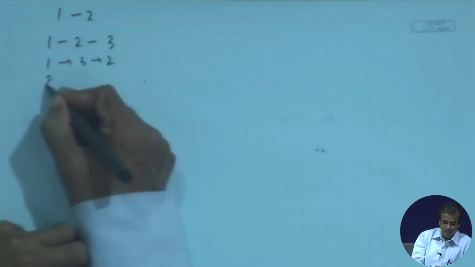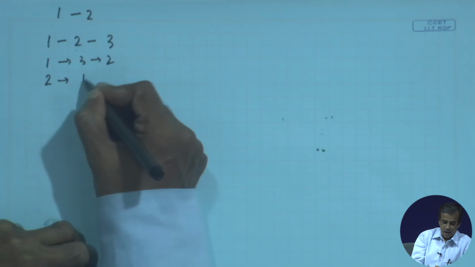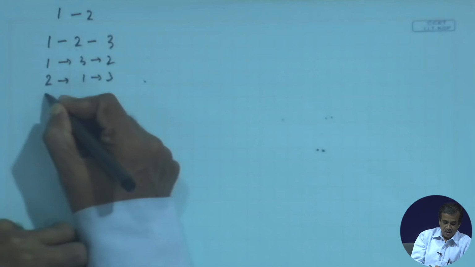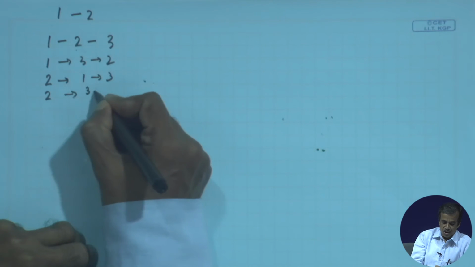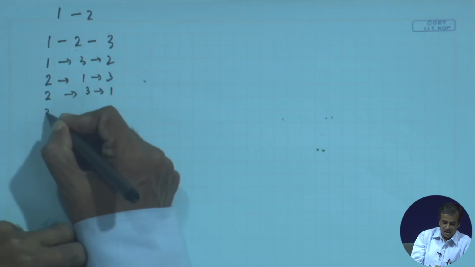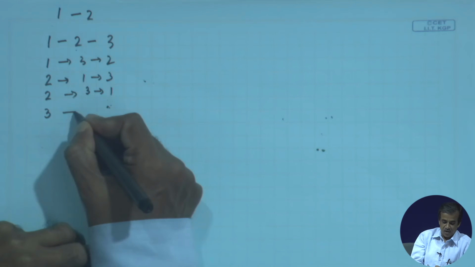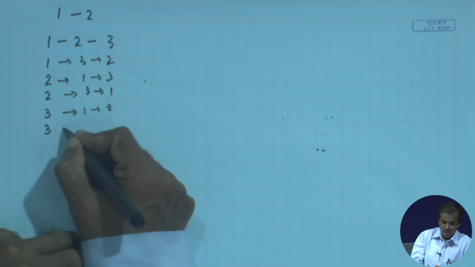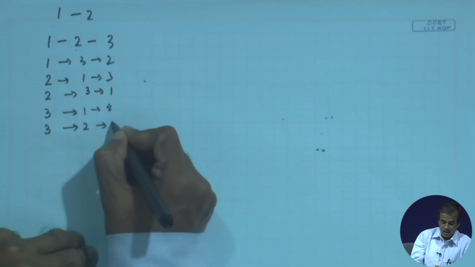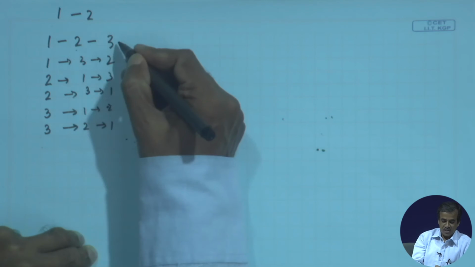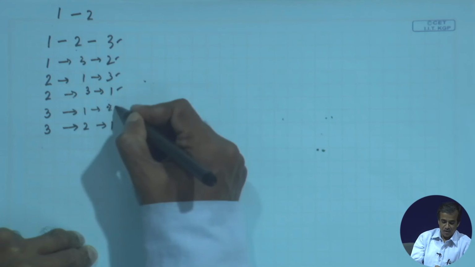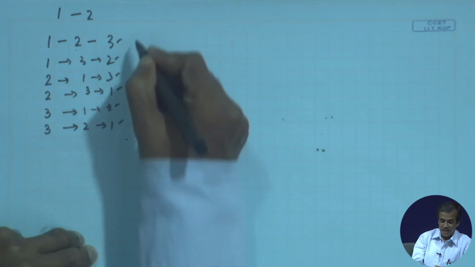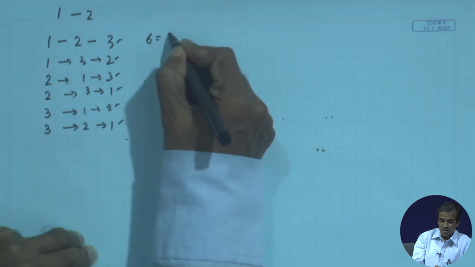Then I can start with city 2, then 1, 3, then comes 2, 3, 1. Then I can start with city 3, I can go to city 1, then city 2, then I can start with 3, then 2, then 1. So, there are 6 possible sequences, you can see that 1, 2, 3, 4, 5, 6, and this 6 is nothing but your 3 factorial.